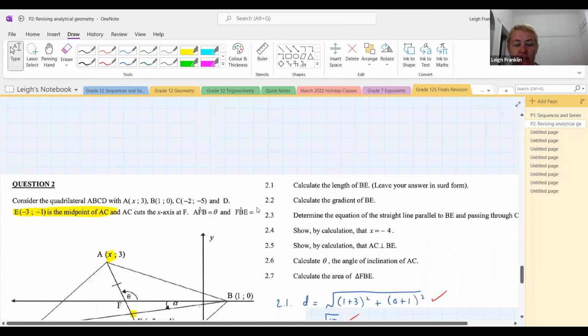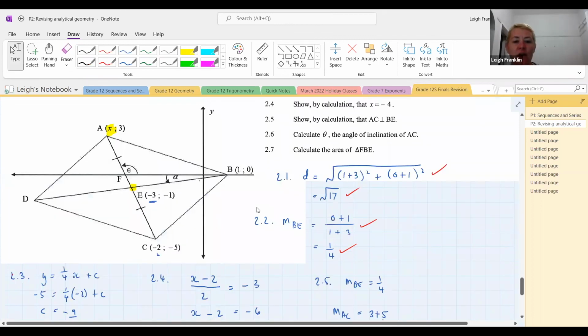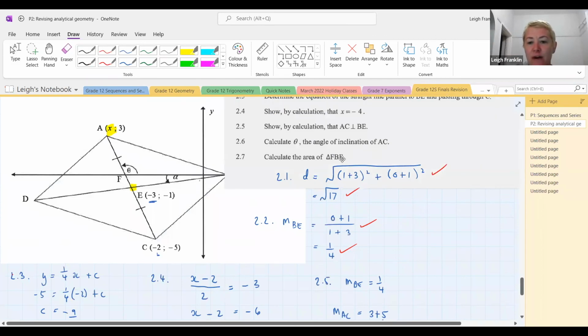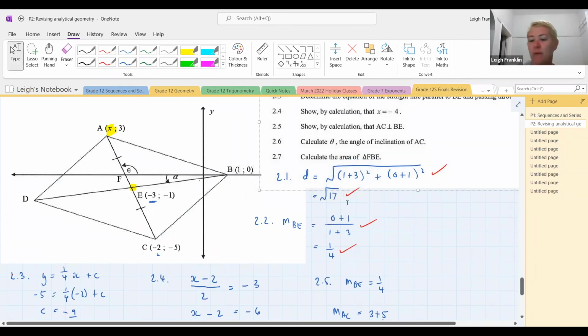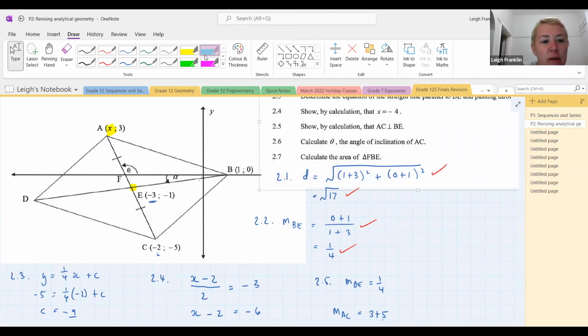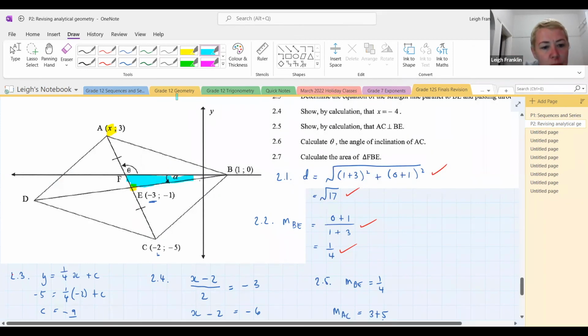All right, last thing, guys: calculate the area of triangle FBE. That's out of 5. So here is triangle FBE. I'm going to color it in. There you go. What do you guys think?